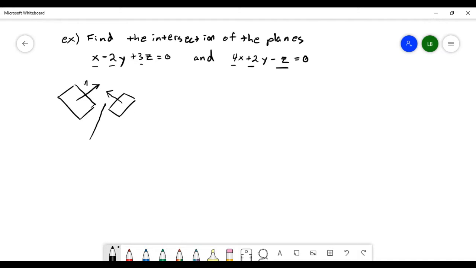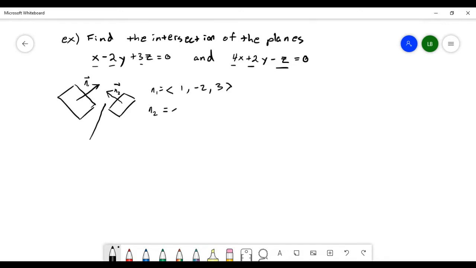If these are the normal vectors of our two planes, well, this line would have to be parallel to both planes, which means it would have to be perpendicular to this plane's normal vector and perpendicular to this plane's normal vector. And how do we find a vector that is perpendicular to two other vectors? Well, we use the cross product. So the first normal vector is <1, -2, 3>.